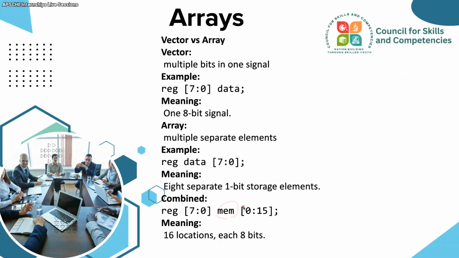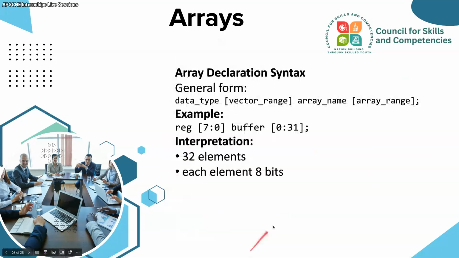When you use this syntax, you will get things like this. Now, how do we do the array declaration? We use the data type, such as reg or wire, then the vector range, then the array name, and then the array range.